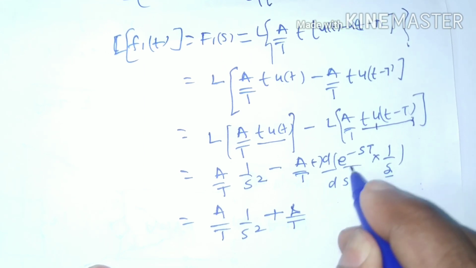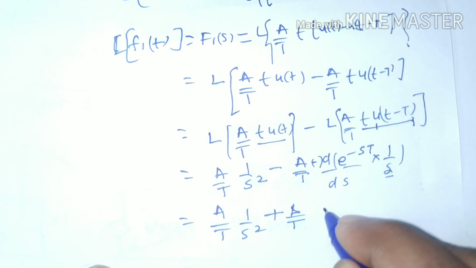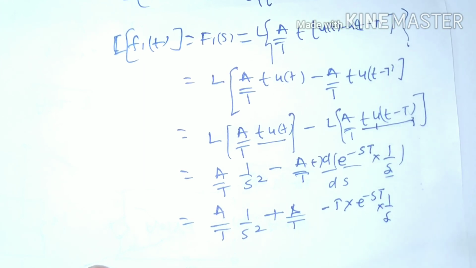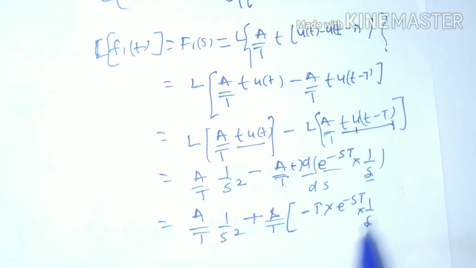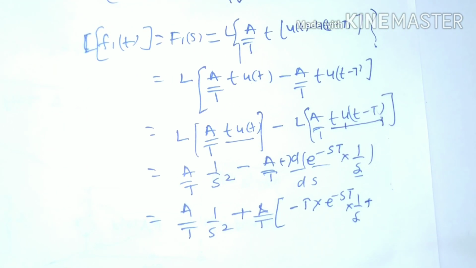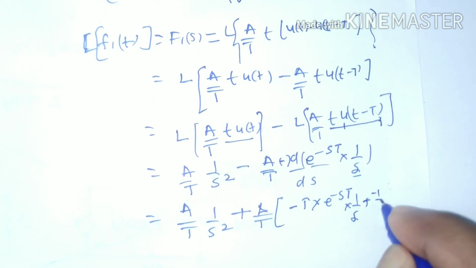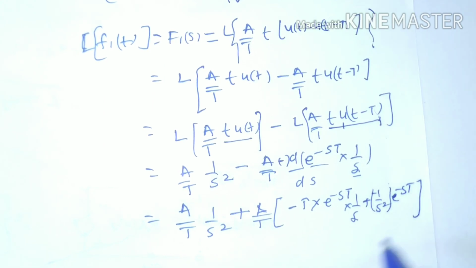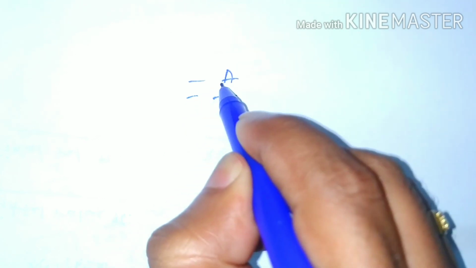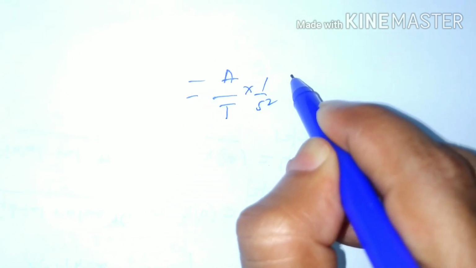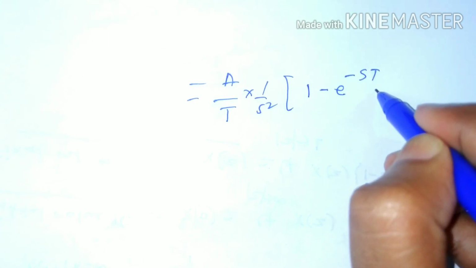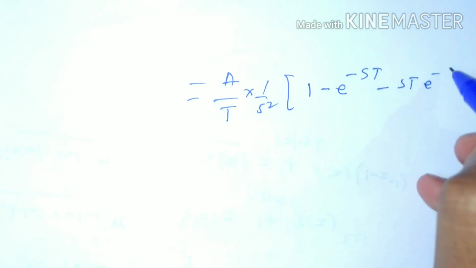We differentiate the first term first: its differentiation is minus T multiplied by e to the power minus sT and 1 by s, plus we differentiate the other term, which is minus 1 by s square and it is e to the power minus sT. If we take A by T multiplied by 1 by s square common, then we get the term 1 minus e to the power minus sT minus sT into e to the power minus sT.